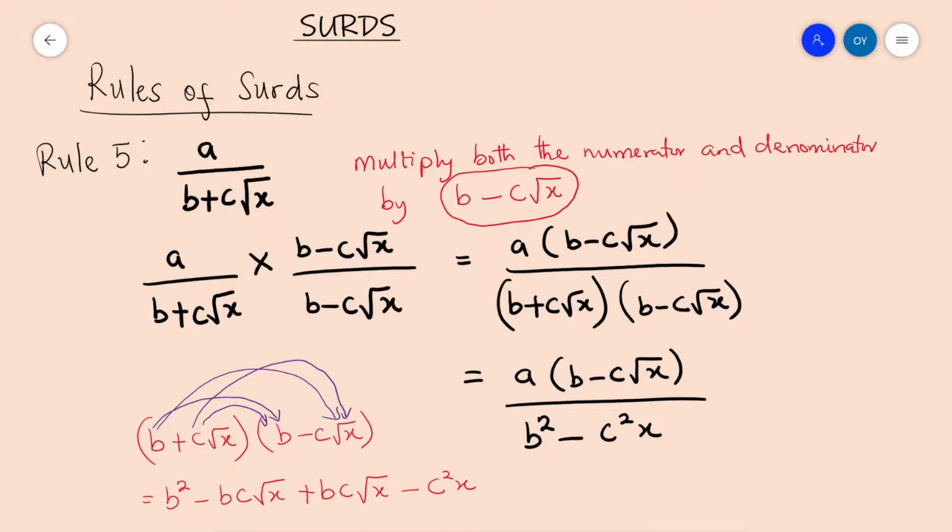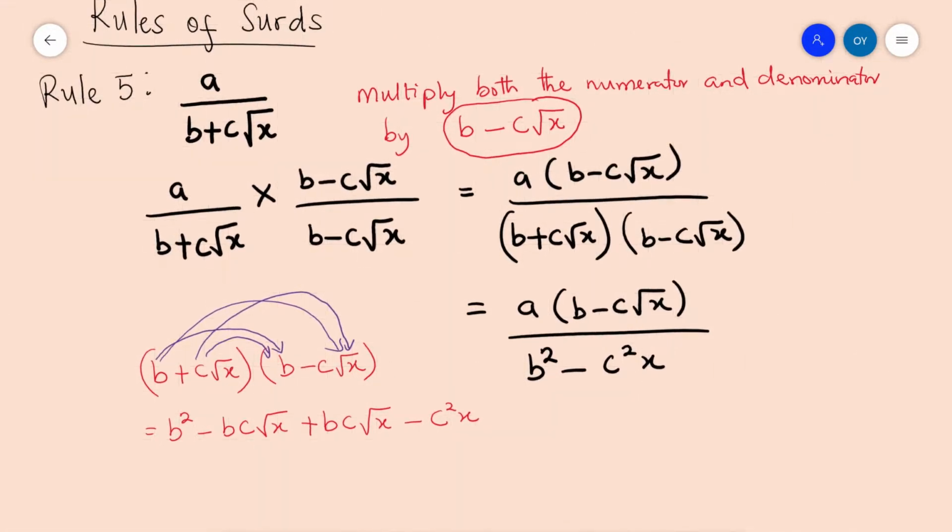So if you notice here, negative bc root x plus bc root x will give you 0. So we have this to be b squared minus c squared x, and that is how we arrived at this.